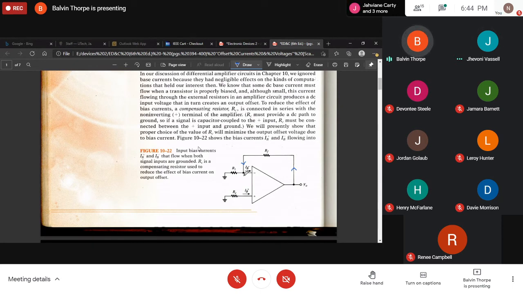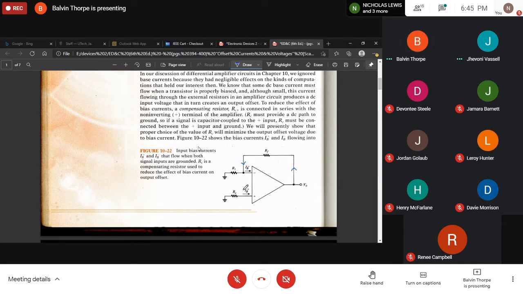The only difference is that this current, and I call it IB because it's a bias current, is going to be on the inverting input, which is called IB minus, and it's the same current that is going to be on IB plus. And IB plus is on the non-inverting input.